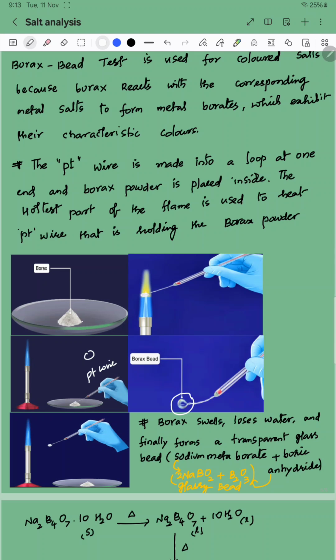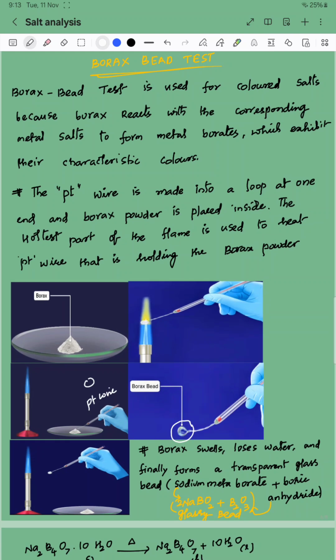This borax bead is reacted with the metal, then it will give colors. Based on the colors, we can predict what type of metal is present, right? So the test is very simple, student. Borax bead test is used for colored salts because borax reacts with the corresponding metal salts, usually transition metals, to form metal borates which exhibit their characteristic colors.